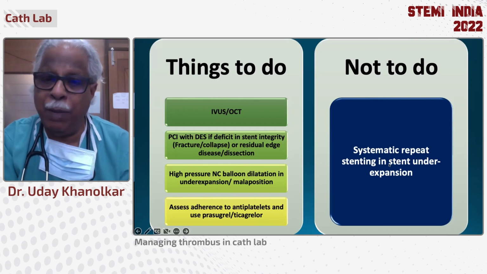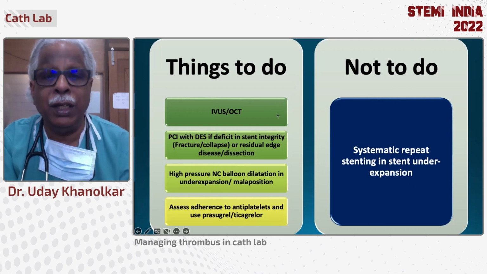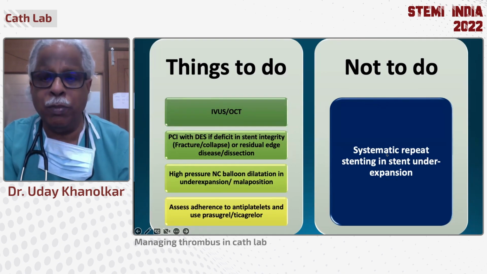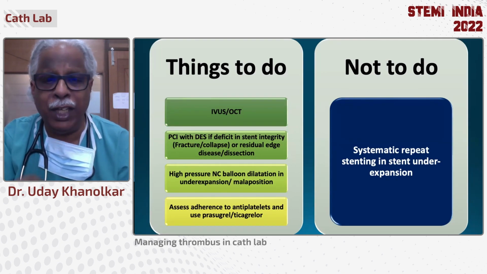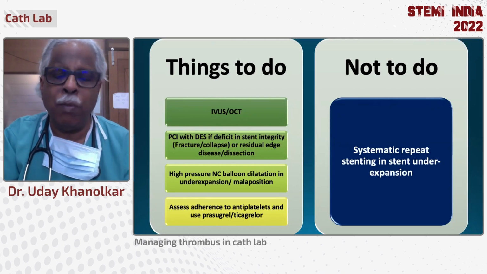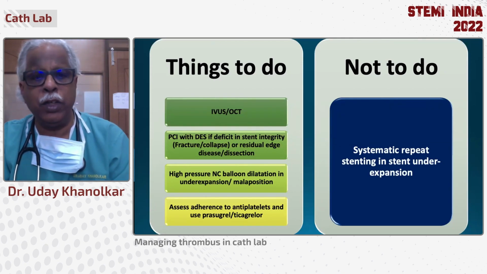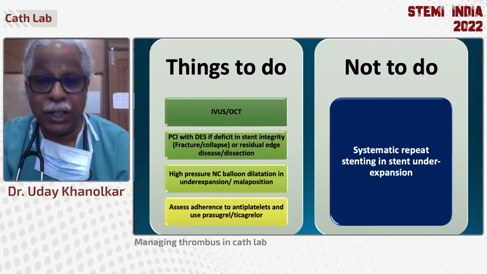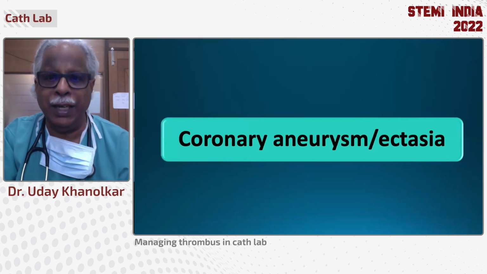Repeat stenting can be performed if the stent thrombosis is due to edge dissection, either proximal or distal edge. If it is because of under expansion or malapposition, repeat stenting is of no use. It will complicate the matter further, as we have seen in the index case, which I have shown previously.